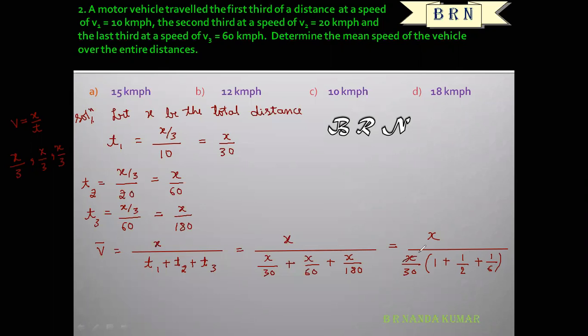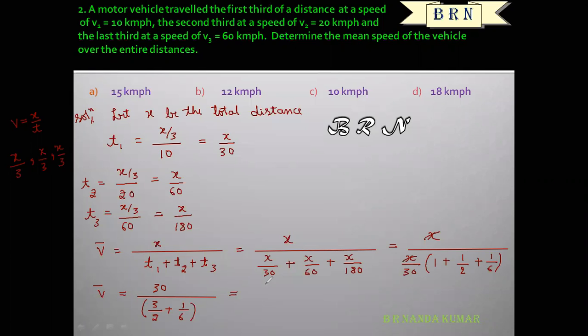Okay, so X cancels. So 1 by 30 is shifted to the numerator. So 30 divided by 1 plus 1 by 2 plus 1 by 6.